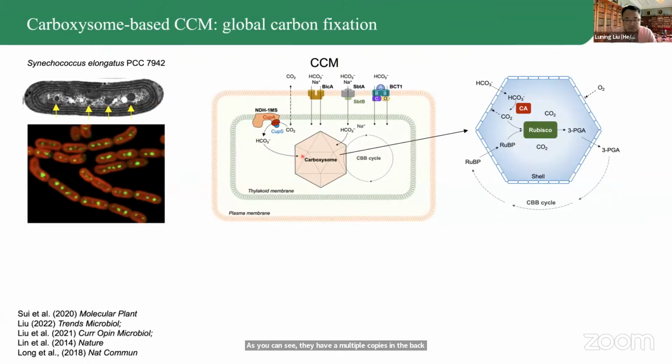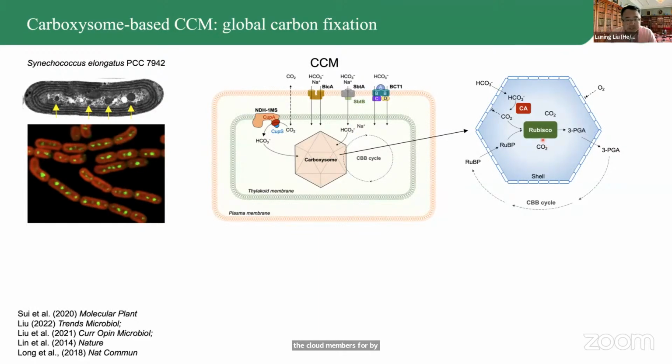And carboxysomes are the central CO2-fixing organelles inside the bacterial CCM, together with bicarbonate transporters in the plasma membrane and NDH1 complexes in the thylakoid membranes for bicarbonate uptake.